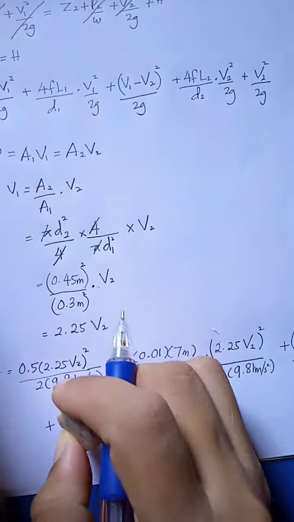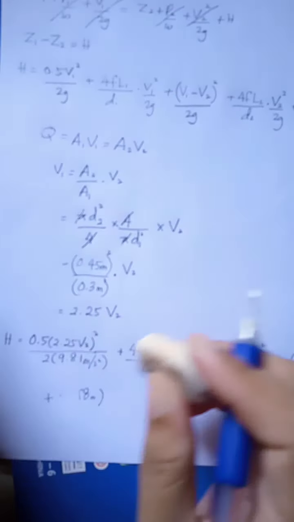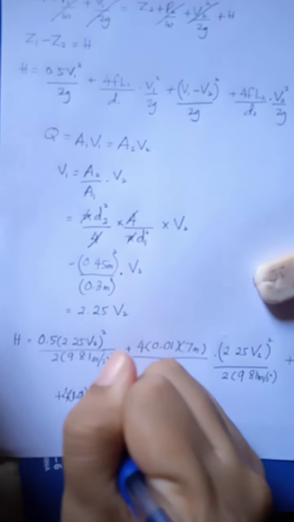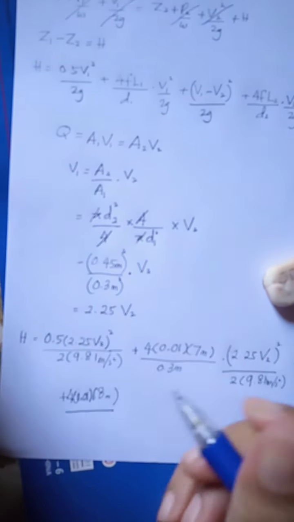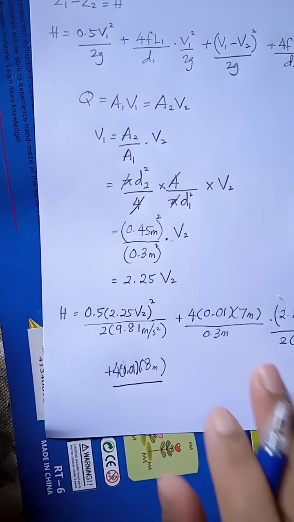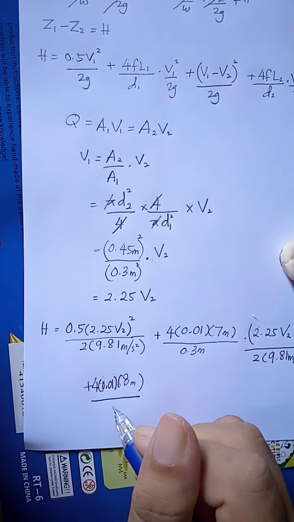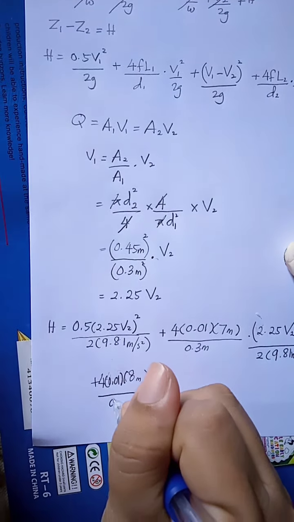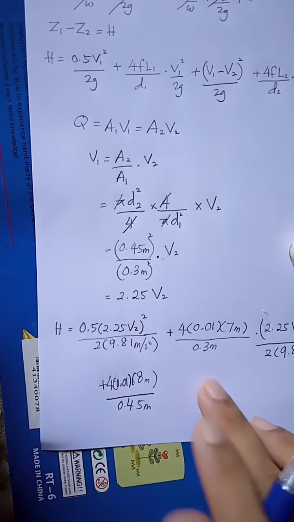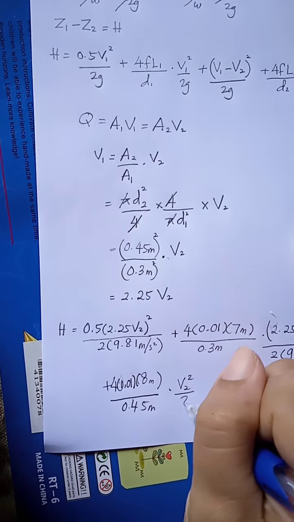Insert the value first for f: 4 times 0.01 times 8 divided by D2, D2 is 0.45 meter, times V2 squared over 2g.